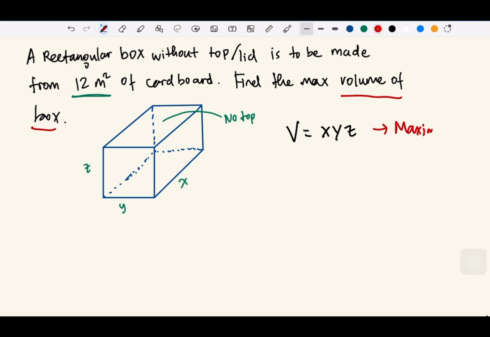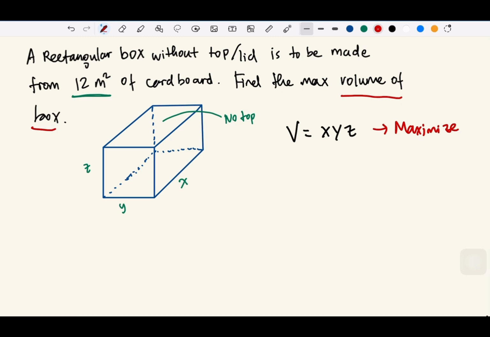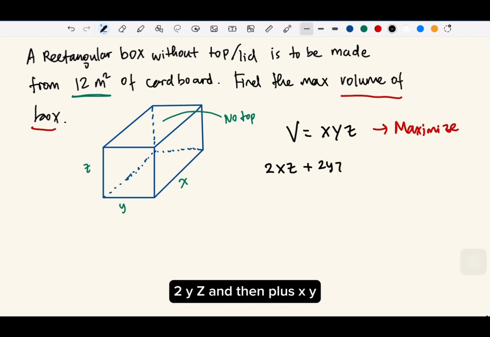Maximize our goal, right? And then we have a constraint, 12 meters squared. So based on the area, we have 2xz plus 2yz and then plus xy. Now this is the constraint.